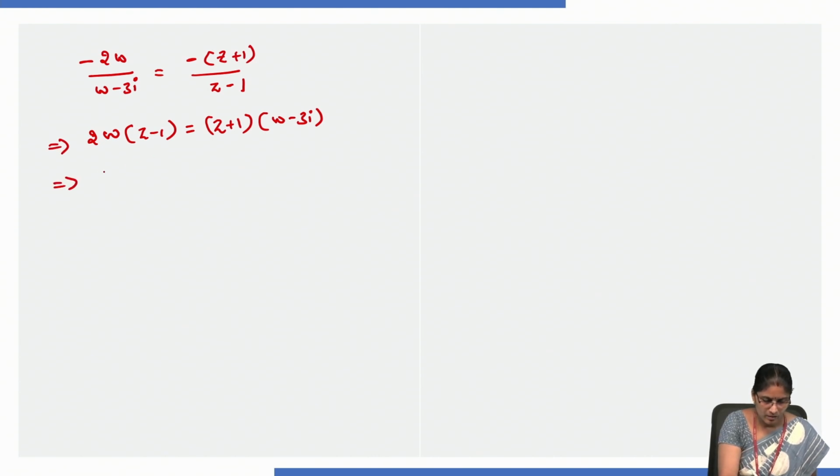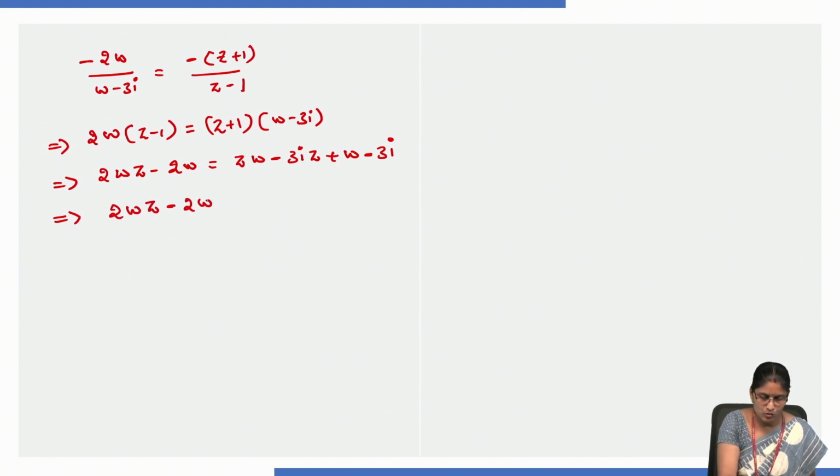That implies 2wz minus 2w is equal to zw minus 3iz plus w minus 3i, which implies 2wz minus 2w minus zw minus w is equal to minus 3iz minus 3i.